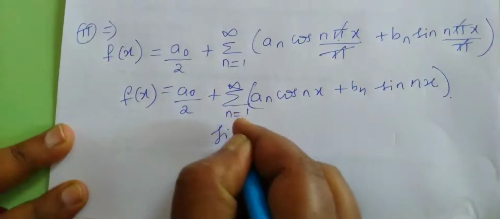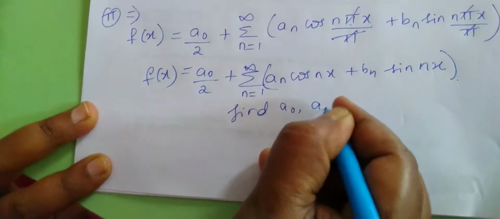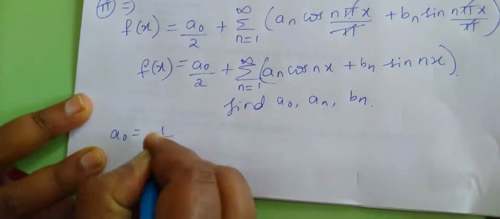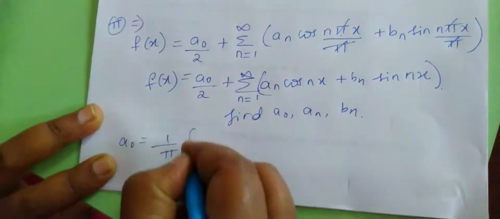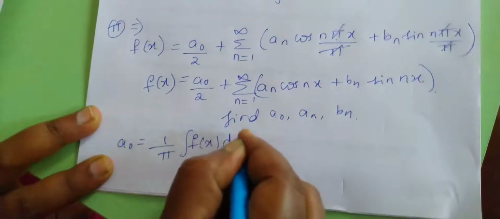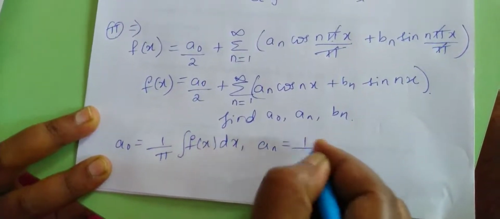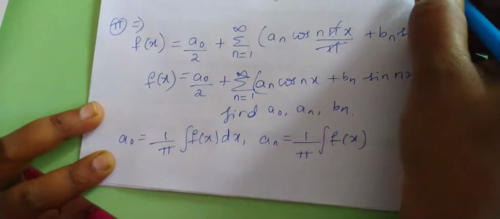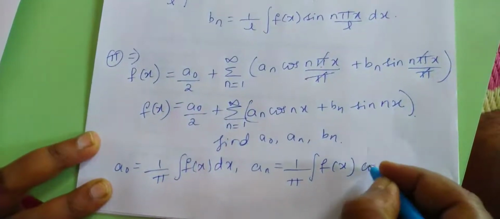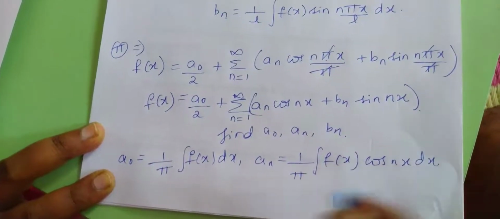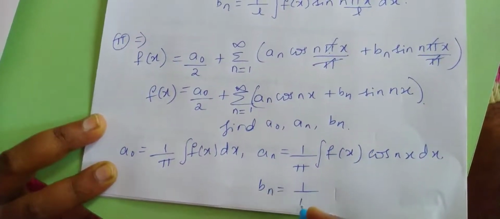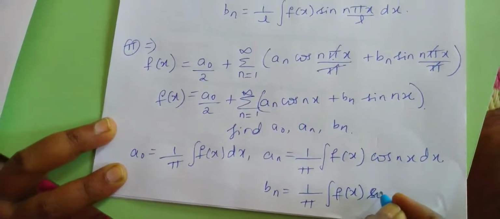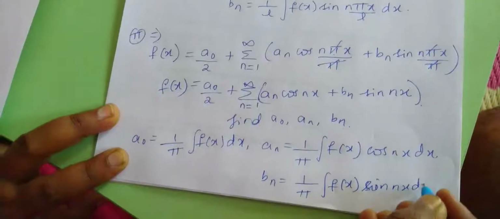Now here also we need to find a0, an, bn. So what is a0 here? 1 by pi. In place of L, it is pi. Integration fx dx, and an is 1 by pi integration of fx cos nx dx, as pi gets cancelled, and bn is 1 by pi integration of fx sin nx dx.